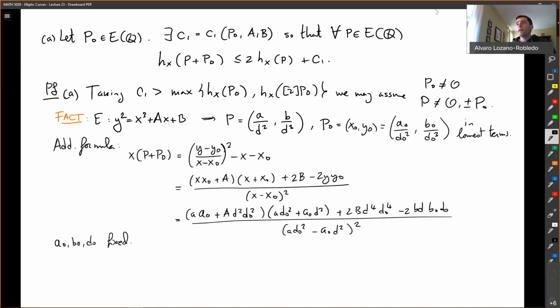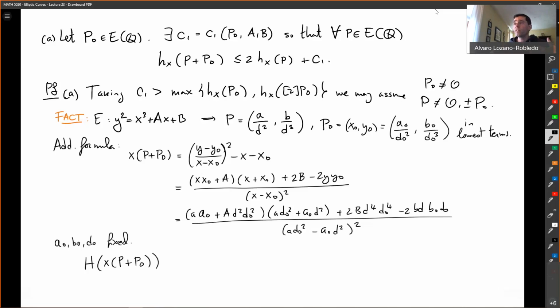Okay, and then you see that the height, the capital H height, of this rational number will be the maximum of the numerator and the denominator.